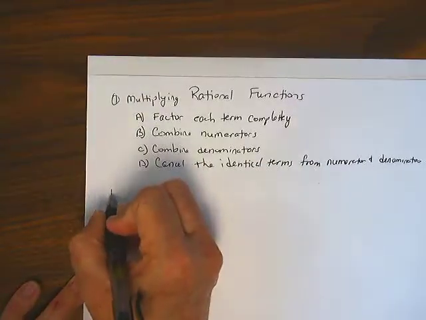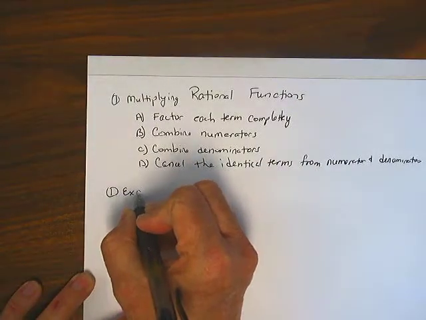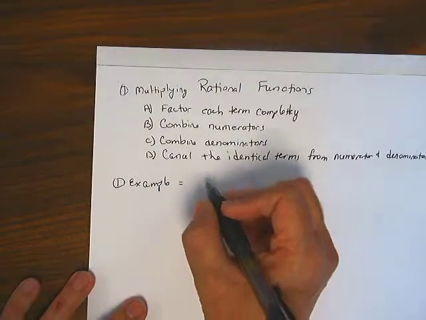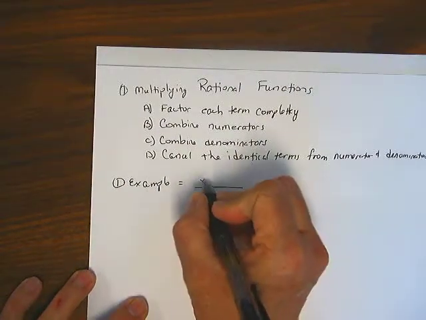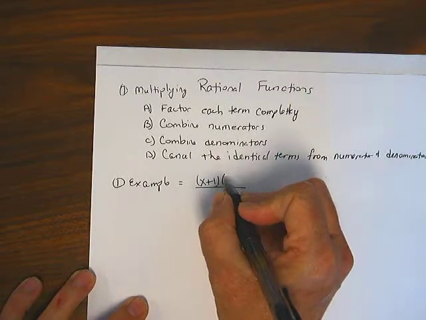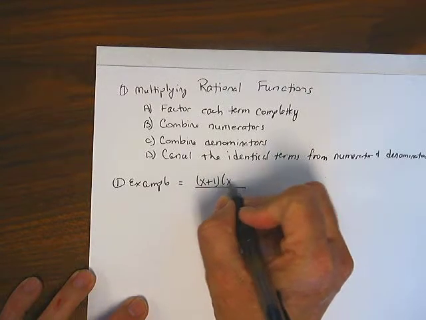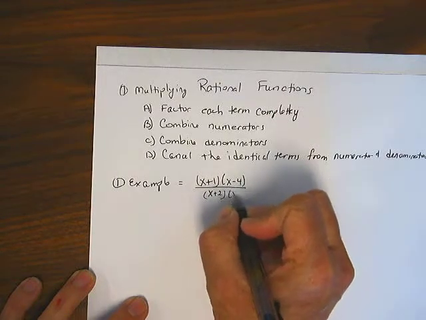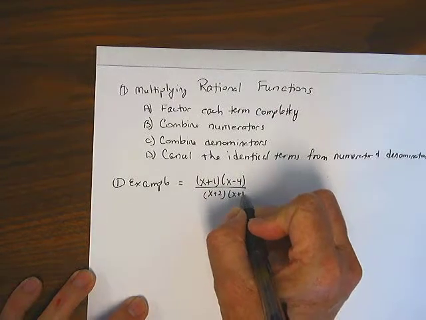So here's our first example. And let's start with one that's already factored. Okay, so we have x plus 1 multiplied by x minus 4 over x plus 2 multiplied by x plus 1.